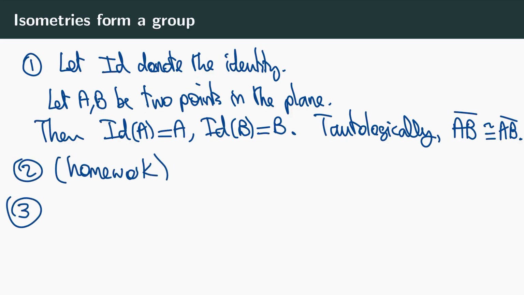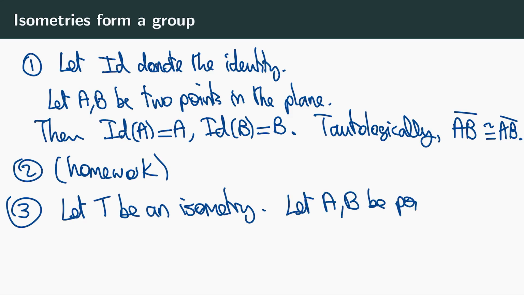And then 3, so for number 3, what we want to show is that if T is an isometry, then the inverse of T is also an isometry. So let's let T be an isometry. So I have T is an isometry, which means that, so let A and B be points in the plane.